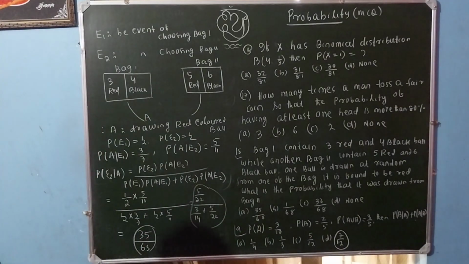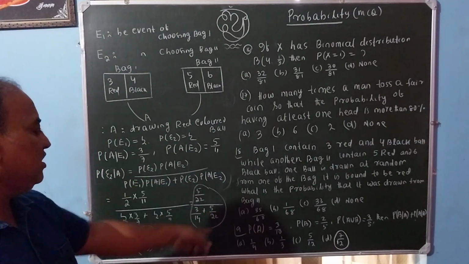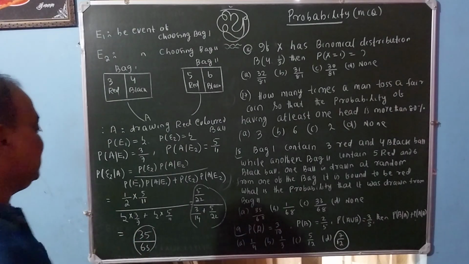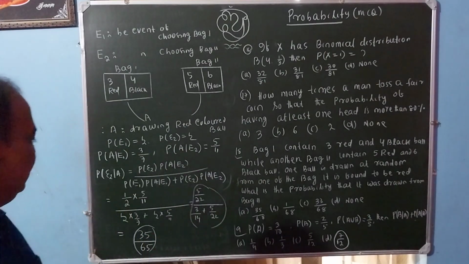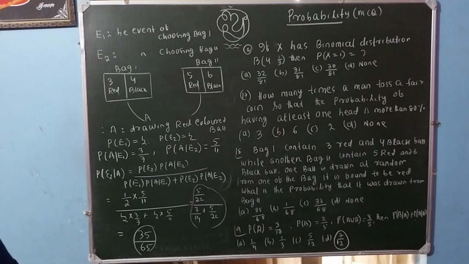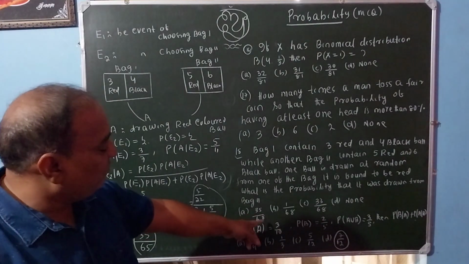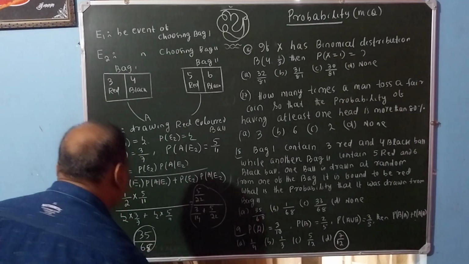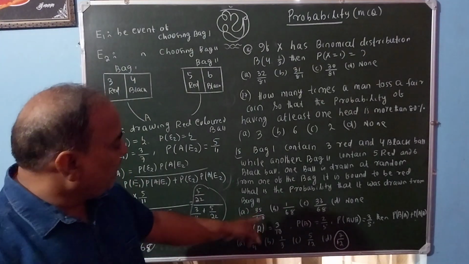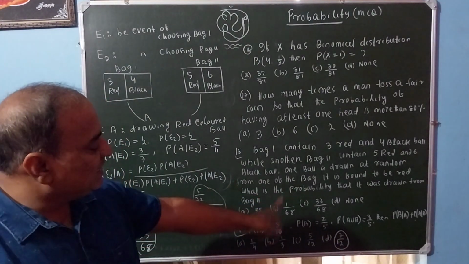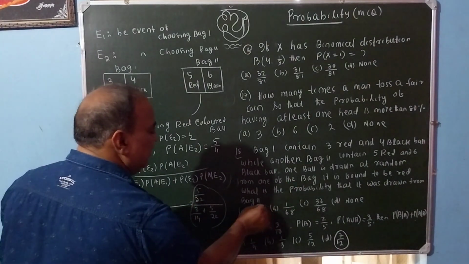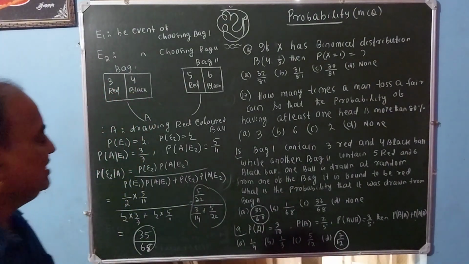After simplification, the answer will be 35 by 65. Okay, 35 by 65. But in our choices, 35 by 68, sorry, 68. 35 by 68, 1 by 68, 33 by 68, none. So the correct answer is 35 by 68.